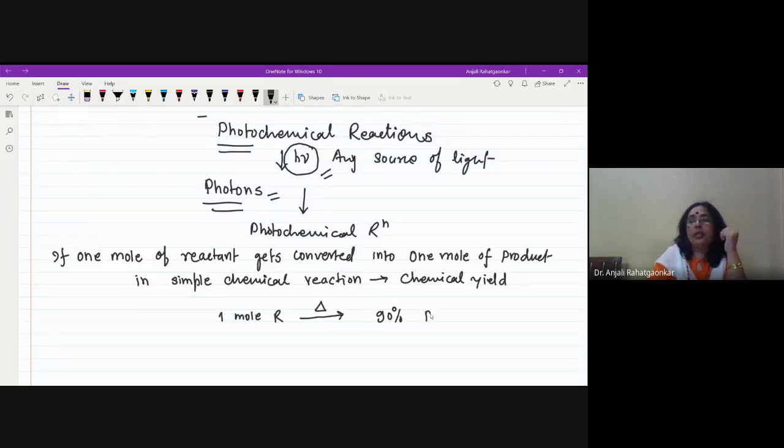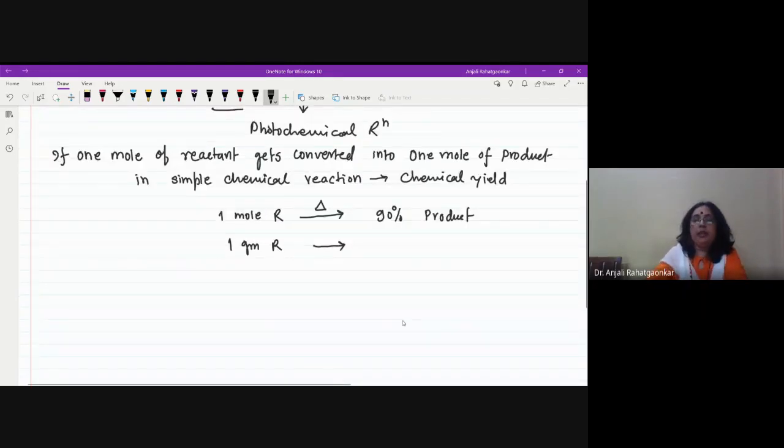So 90% conversion means, for example, if I have 1 gram of reactant, whatever it is in terms of moles, this is an arbitrary value I'm taking. With a 90% yield, how much am I expecting?